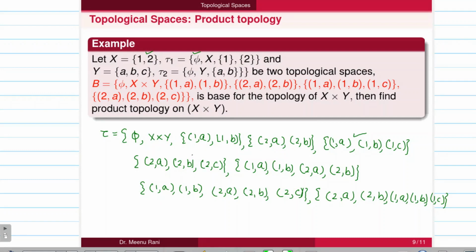It is 2A, 2B, 2C again, and it is already a member of the topology. Now take union of 1A, 1B, 1C with 2A, 2B, 2C. So this is the whole Cartesian product, X cross Y itself. Now this τ is a topology.